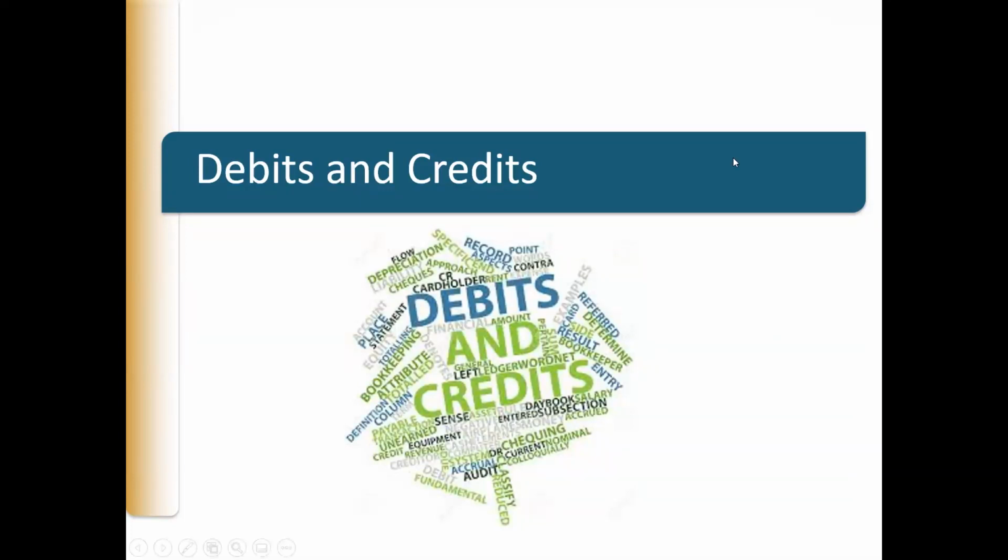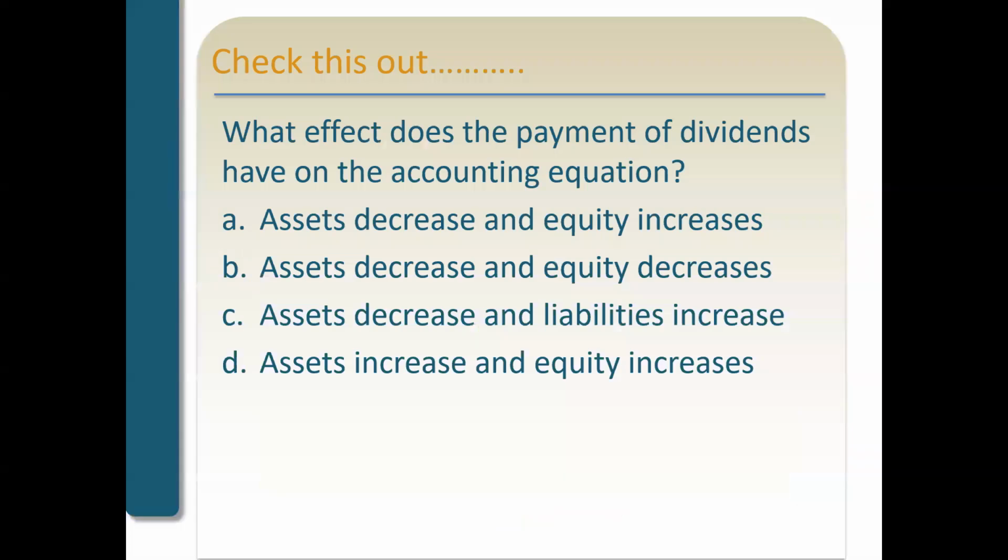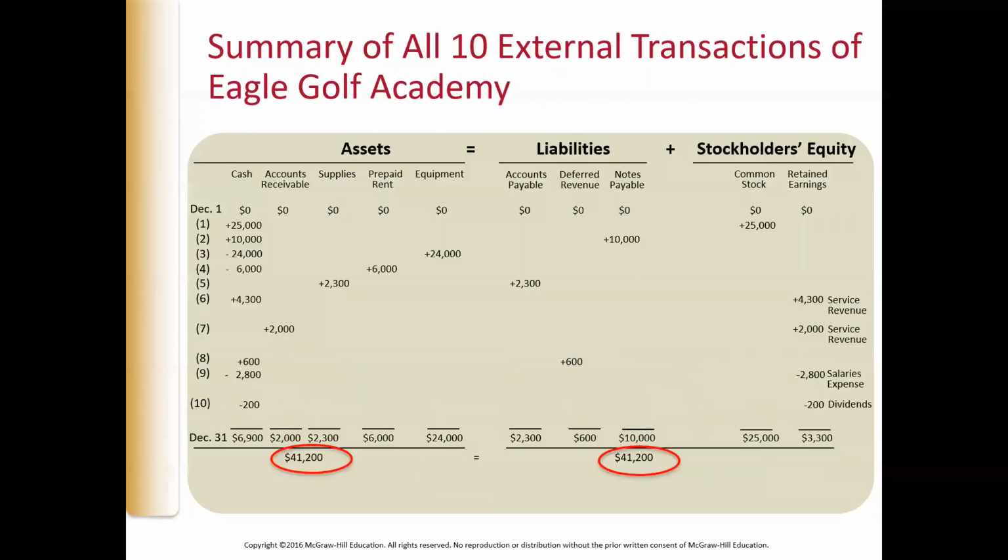Okay. I have a question. Yes, you raised your hand. How can I help you? So the equities is the issue stocks, right? Stockholders' equity contains two sections. Stockholders' equity contains common stock plus retained earnings.